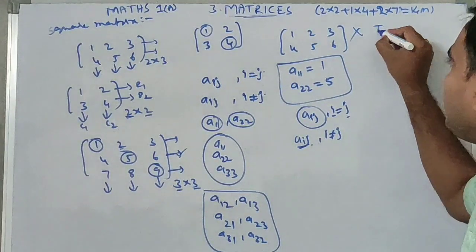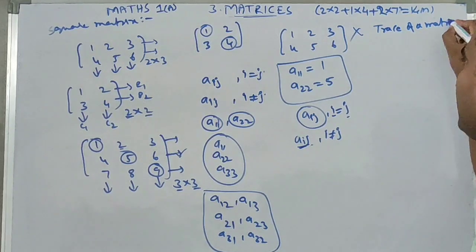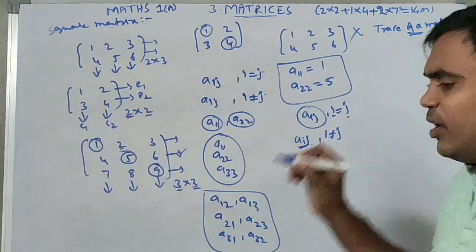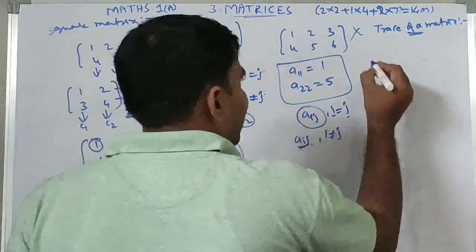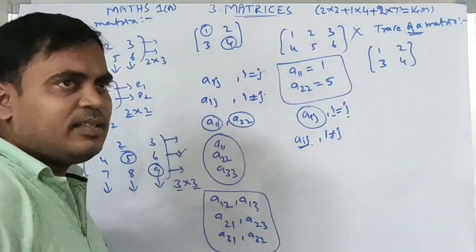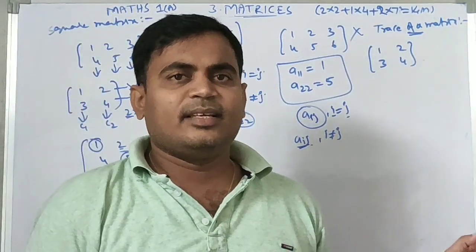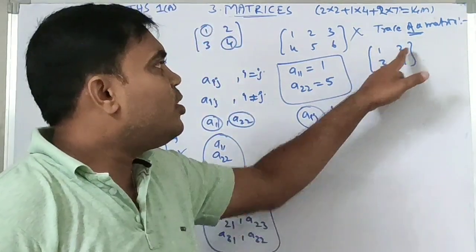Next, trace of a matrix. If we are discussing the trace of a matrix, 1, 2, 3, 4, I am taking a diagonal matrix. The trace of a matrix exists only for a square matrix. This is the matrix 1, 2, 3, 4.